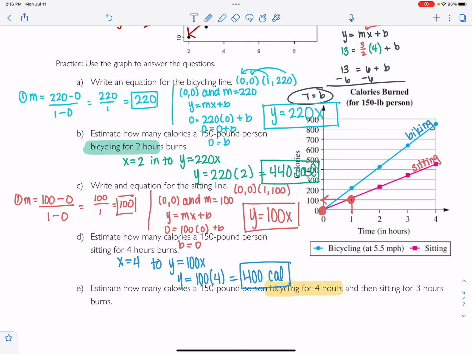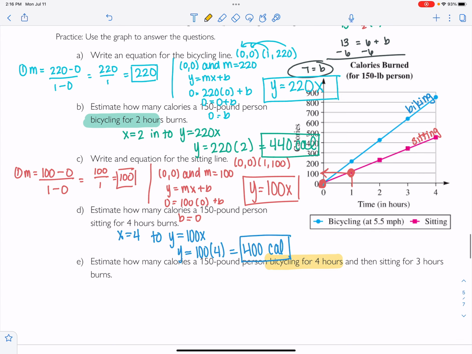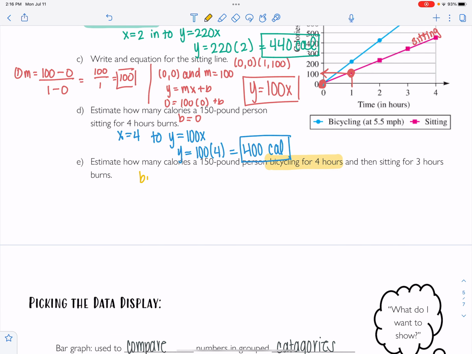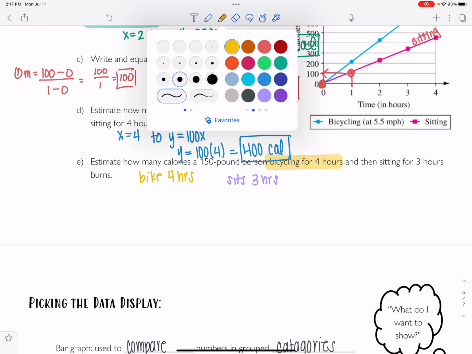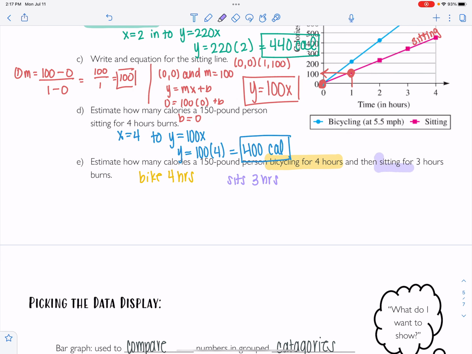And then part E says, estimate how many calories a 150-pound person burns if they bike for 4 hours, then sits for 3 hours. Okay, so I went out, I biked, and then I sat down for 3 hours.